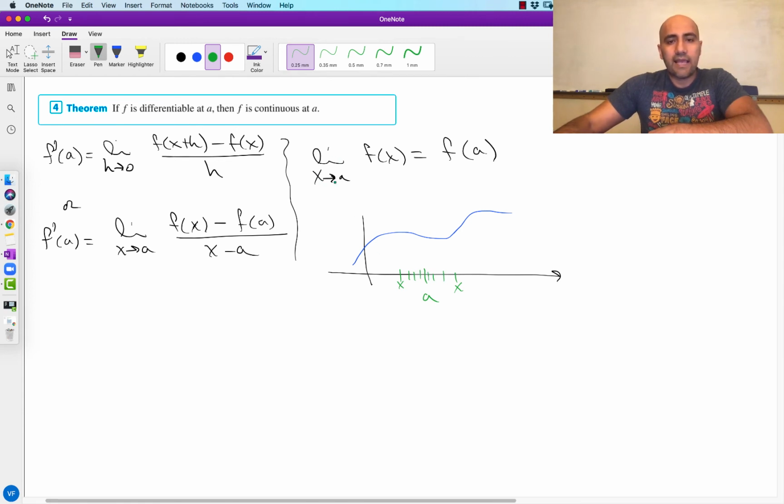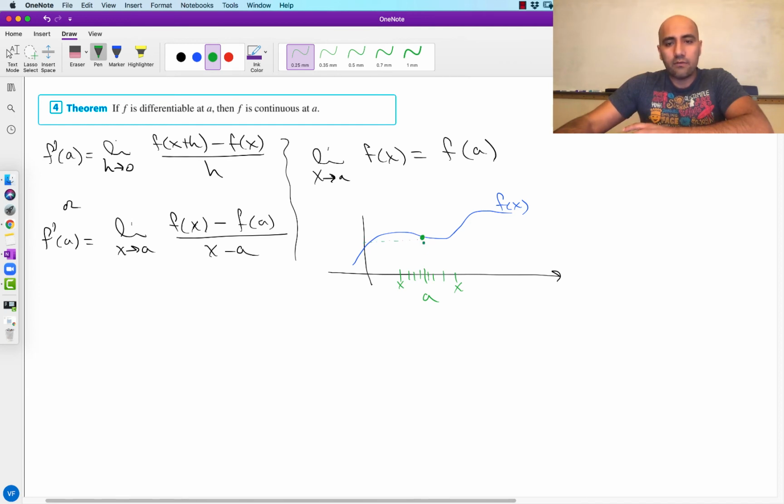The limit as x approaches a of my function f of x, so this is f of x. Well, in this little picture, I can see that my a is reaching that point right there. So the limit as x approaches a of my function, if it happens that when we evaluate the function at a, we get that exact same point, right?